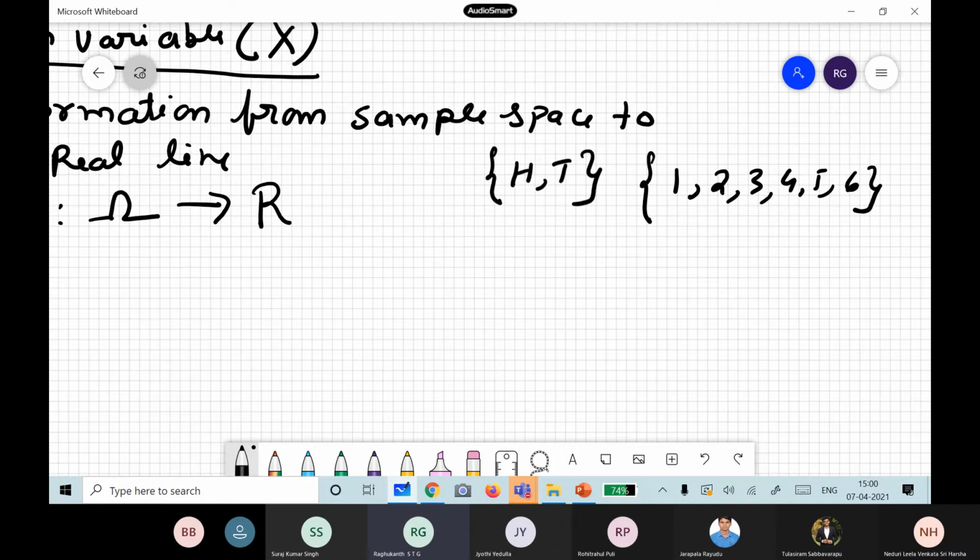Suppose the compressive strength of concrete. What is the sample space for the compressive strength of concrete? 0 to infinity, and you can have a compressive strength of 23.22.